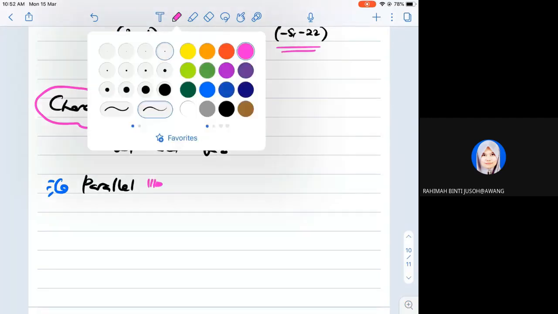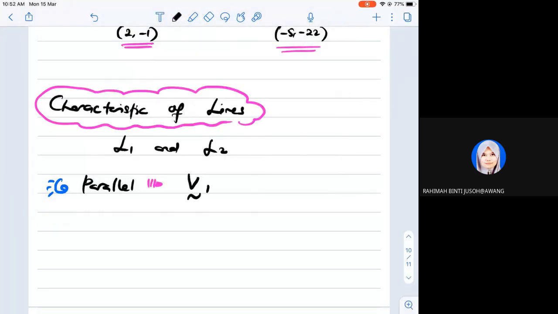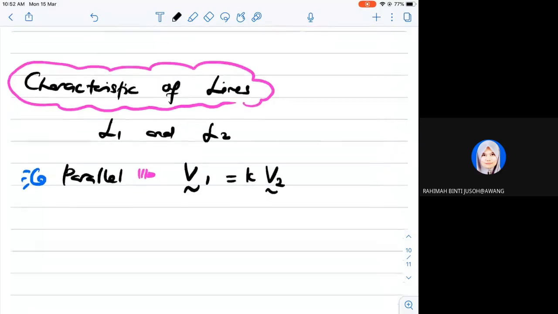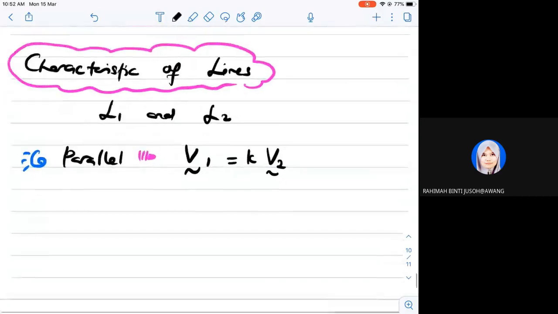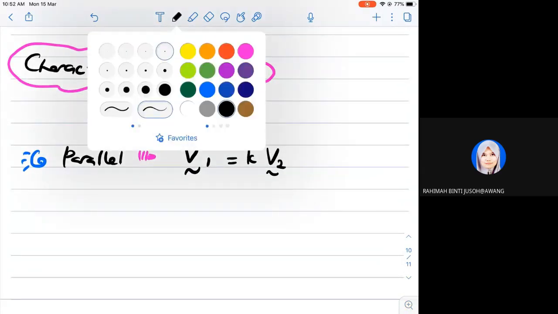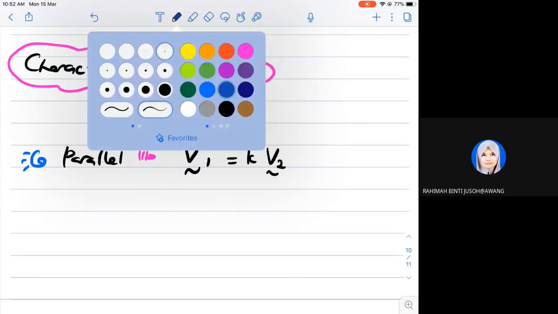We need to find the parallel vector, and test whether the first parallel vector is equivalent to any multiple of the second parallel vector. That means if you can find a value of k, the first line and the second line are parallel. If you cannot find the value of k, it means they are not the same. Right? Okay, later we will do exercises to test parallel, it will definitely be in the questions.